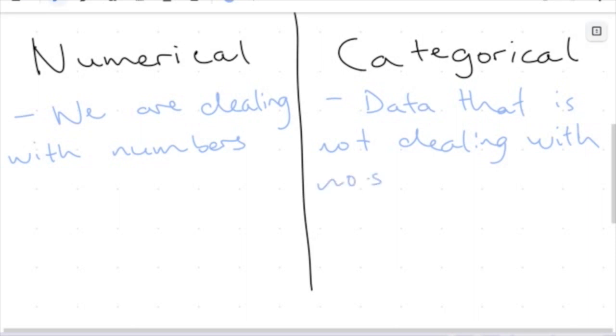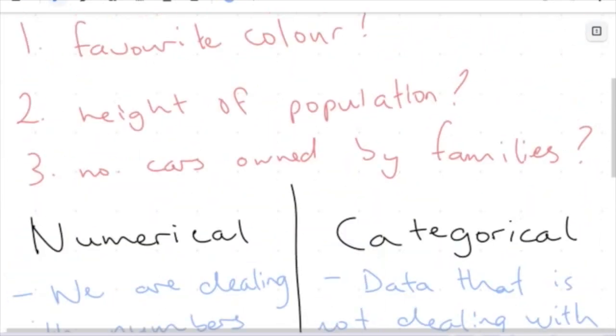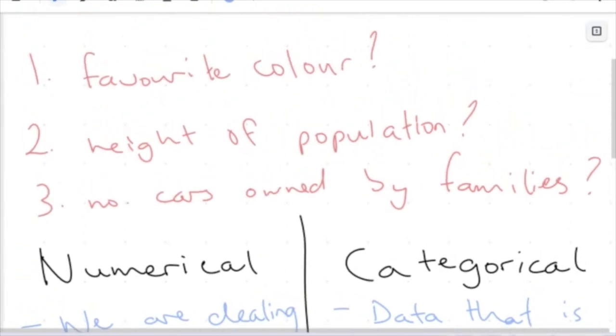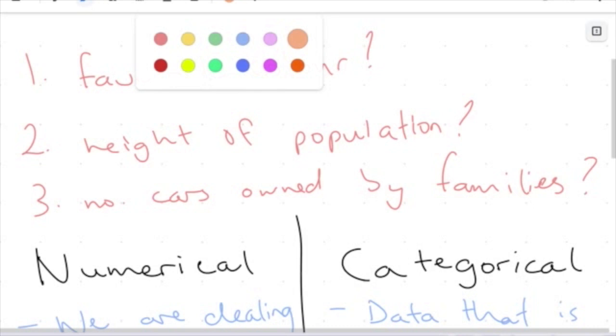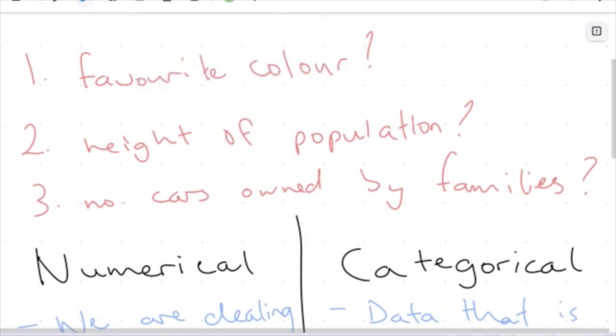So for example, favorite color, notice that this particular bit of data is the only one that doesn't have numbers. The height of a population, that's going to be some kind of numerical thing. The number of cars owned by families, this idea of a number, that is numerical.